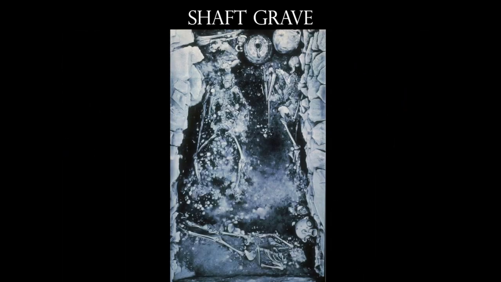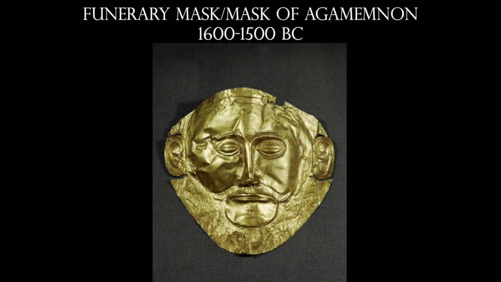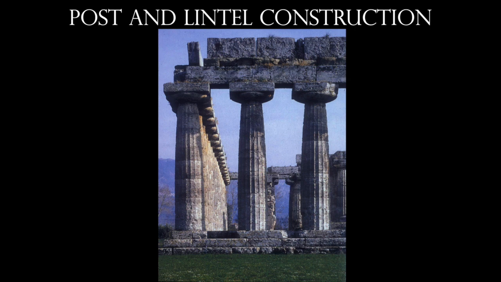This is where we have not only pottery and remains of individuals, but we also have really rare works made out of gold, such as this funerary mask, and sometimes it's called the Mask of Agamemnon, but it's not really Agamemnon. A whole bunch of these masks have been found, along with other materials such as daggers and such.